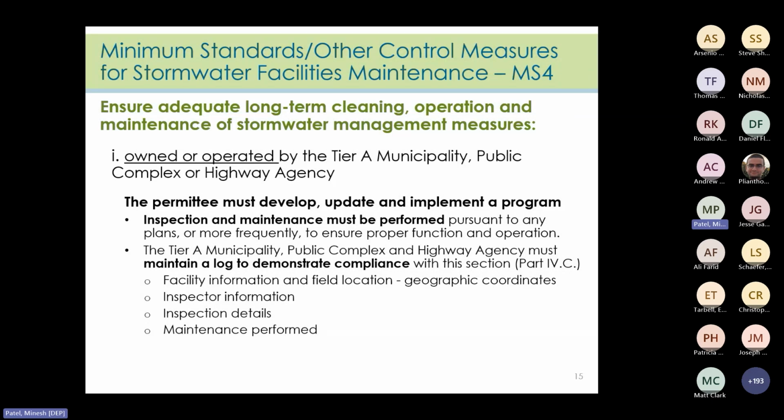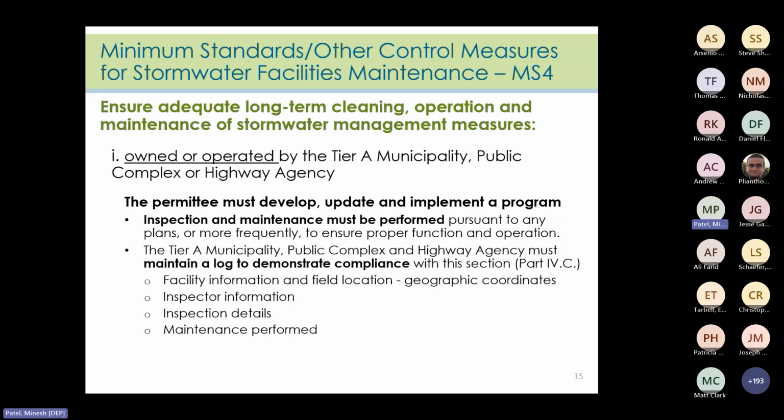They can be, for example, a town hall or some sort of library complex. The four elements required for this group are shown here, and they may be found in Part 4, Section C1 of the Tier A permit, Section C3 for the public complex permit, and Section C2 for the highway agency permit.